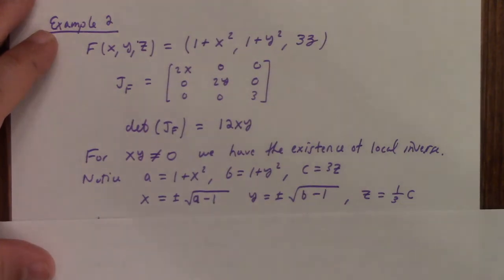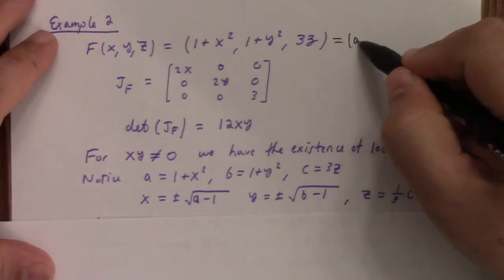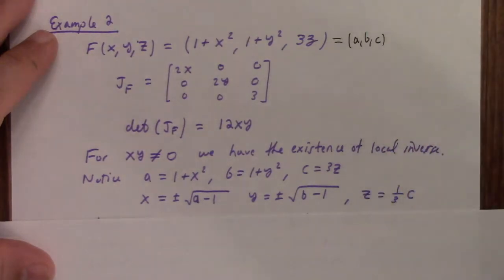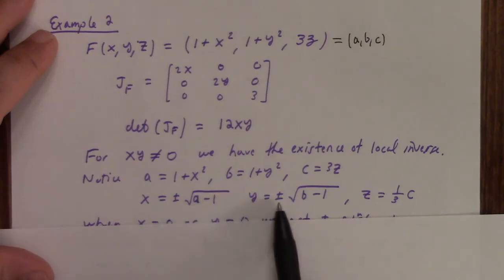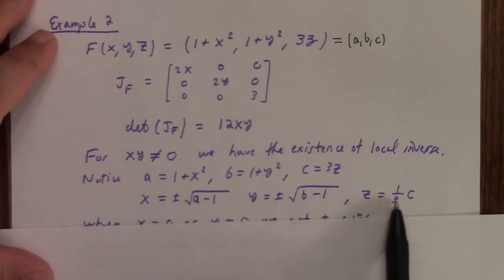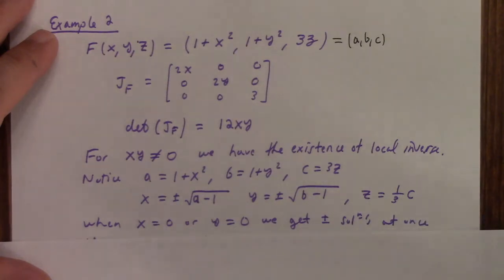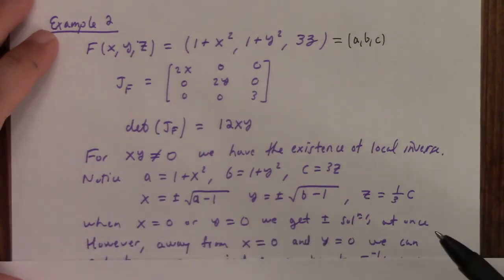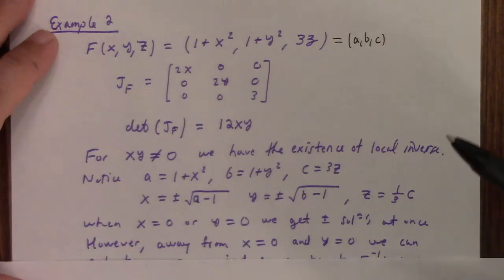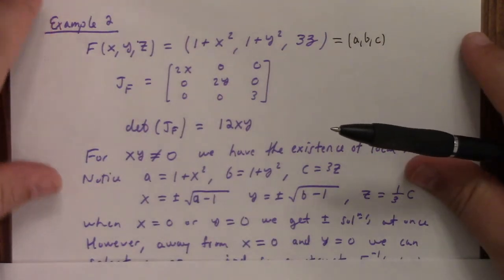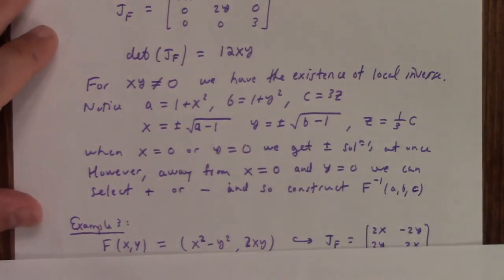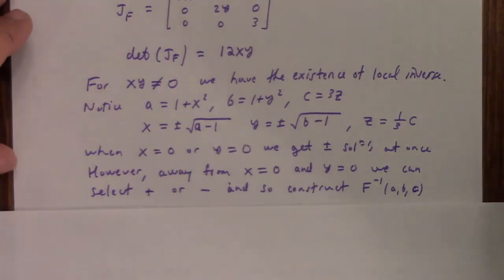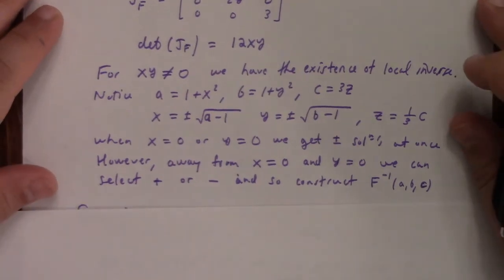If I set this equal to a, b, c, then solving for x, y, z gives me x is equal to plus or minus the square root of a minus 1, y is equal to plus or minus the square root of b minus 1, and z is 1/3 c. So no trouble with z. But if x and y are 0, we're going to have to face the plus and the minus solutions, right? So as long as you're away from 0, by continuity, you stay either positive or negative, which means you can select the plus or minus solution and get that local inverse that you want. So it makes a lot of sense.